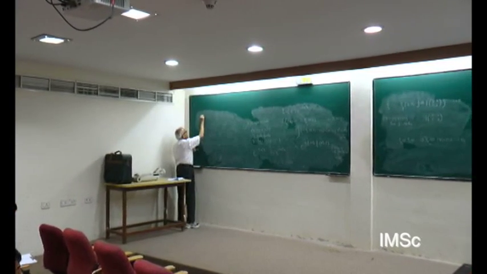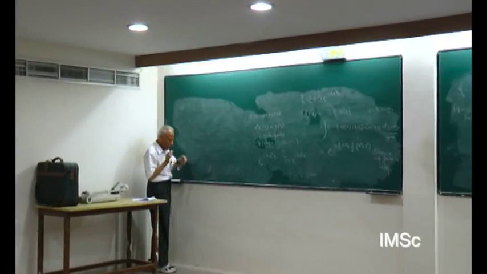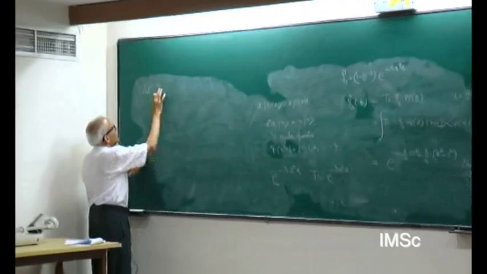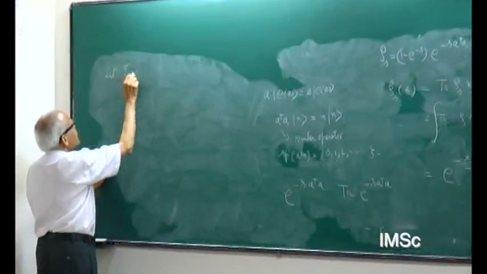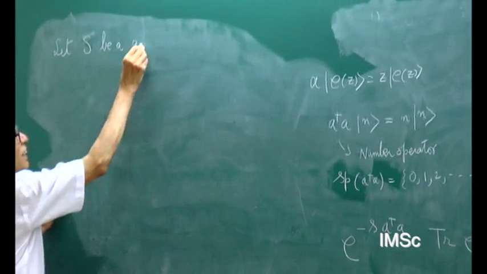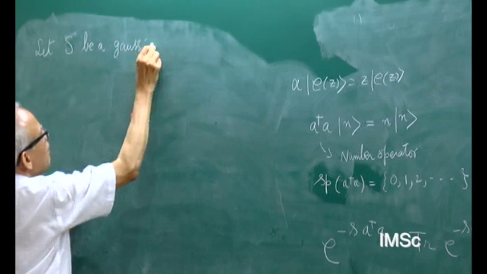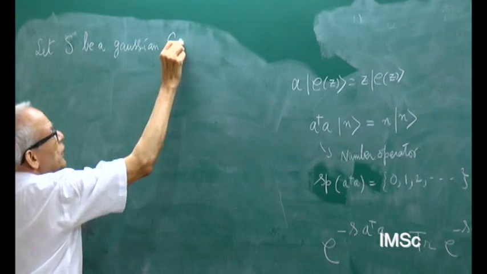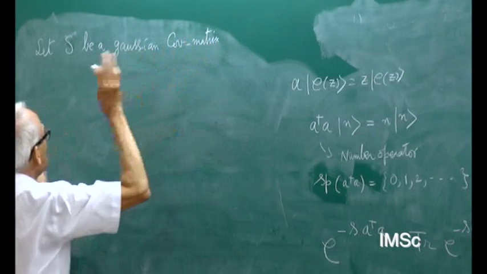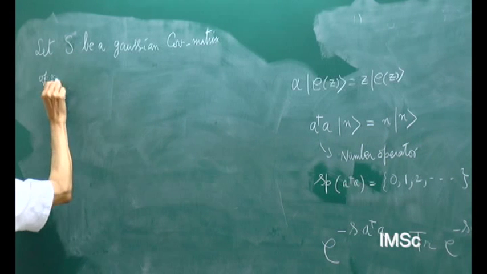Let S be a Gaussian covariance matrix of order 2n.